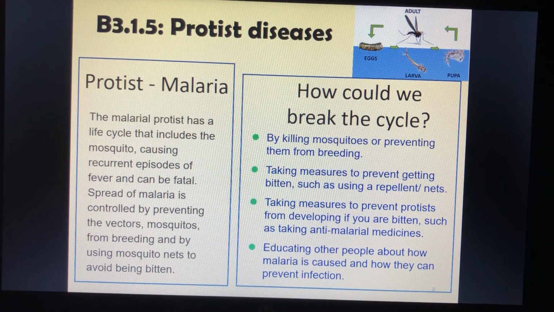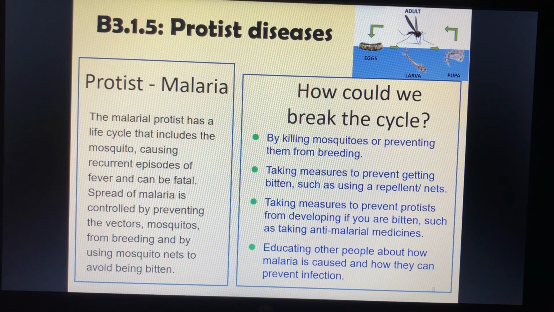So what can we do? Well, to prevent it, we could try and get rid of the mosquitoes. The best way of doing that is preventing them from breeding. They really like stagnant water, that means ponds and things where the water doesn't move far, it's just in one place.